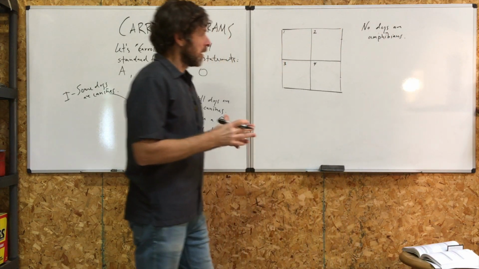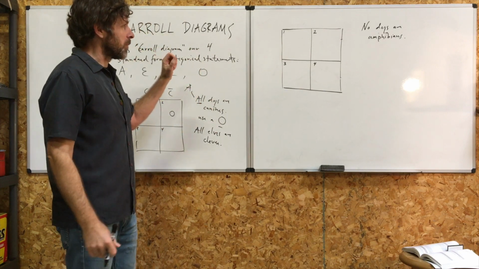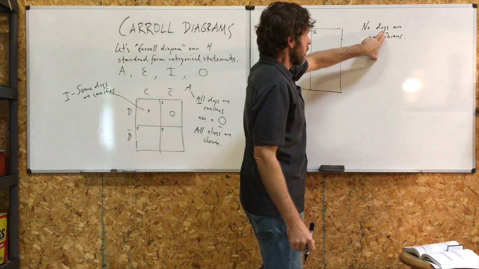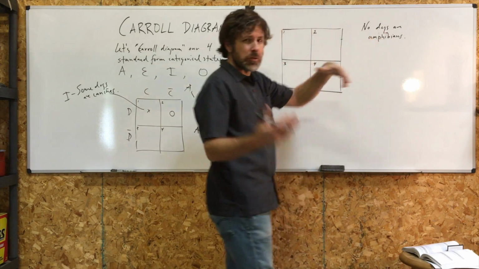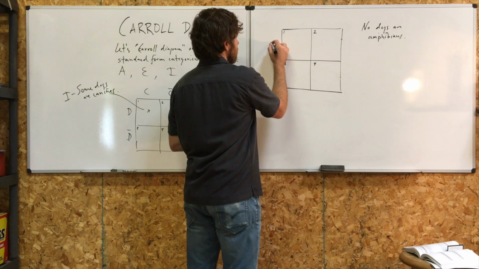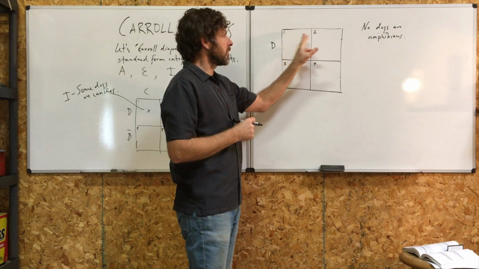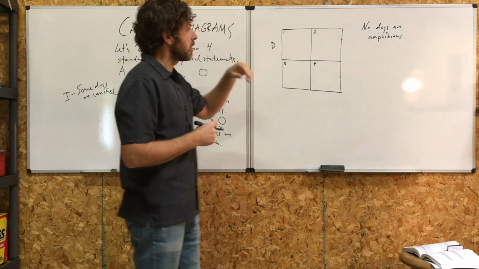No dogs are amphibians. I haven't told you about the order we do this in, but the subject term, or the initial term you see, put on the upper left here. We're talking about dogs here. And that will be represented by regions 1 and 2 horizontally across.